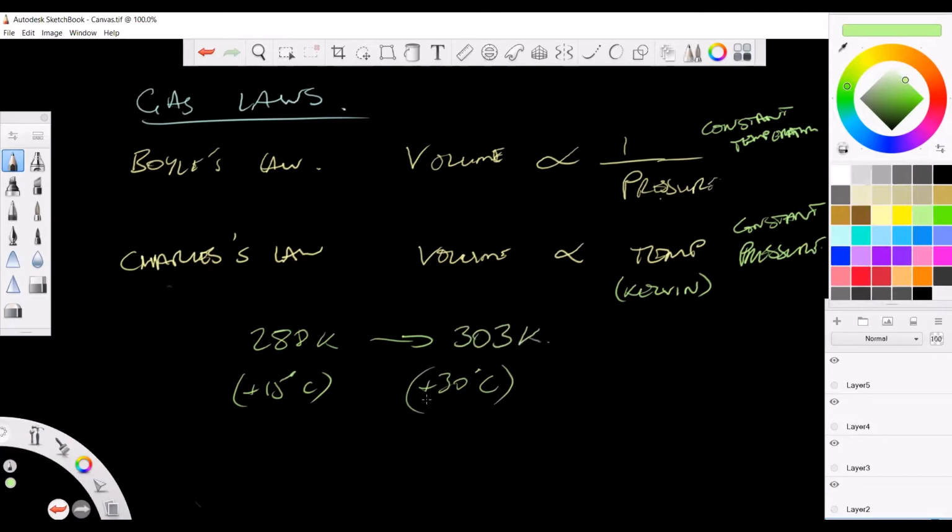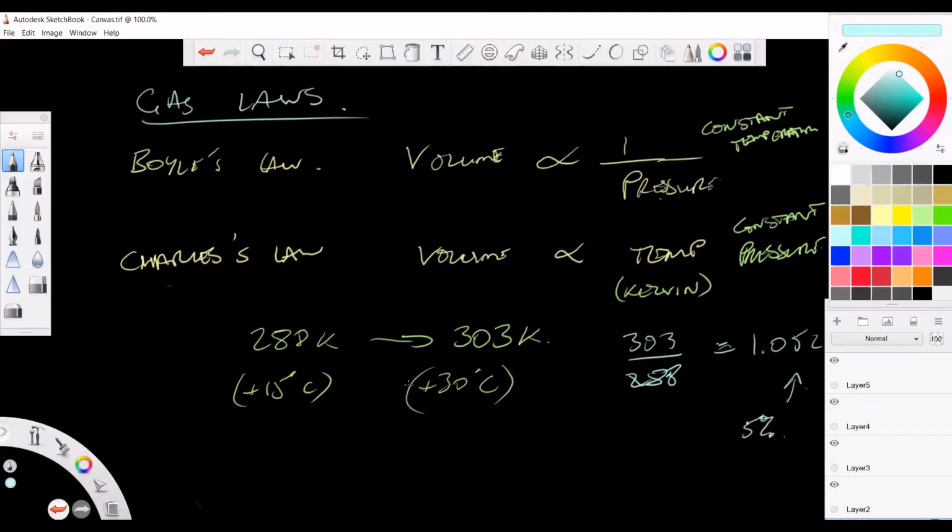Yeah. So the increase in volume is going to be, so what's 303 over 288? Is 1.052. So we've increased the temperature by 5%.